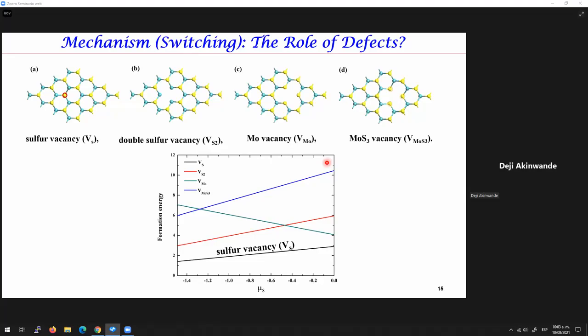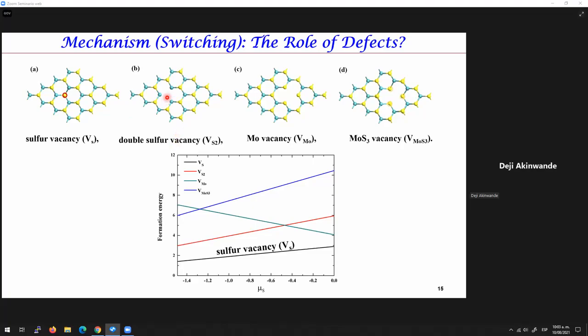So what about the mechanism for switching in the on state? We hypothesize that defects in the two-dimensional material may be responsible for the switching. So we began to look at the variety of defects present. The most abundant defect is a single sulfur vacancy, given by the formation energy calculations.